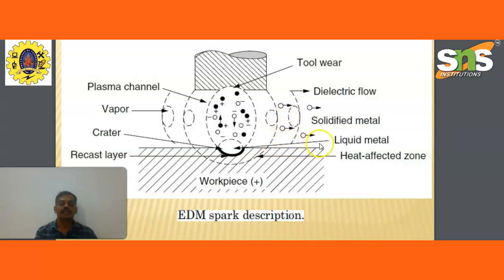These are the liquid metal in between the gaps. Heat affected zone. The workpiece is called the positive terminal, the tool is negative. These are the plasma channel and vapor forming slowly. These are the crater and the recast layer. These are the EDM spark descriptions.